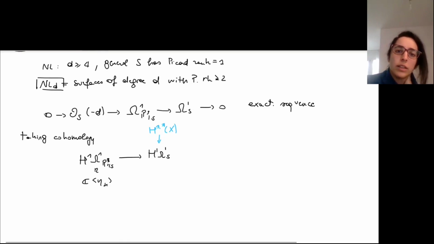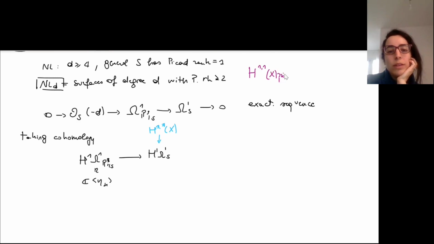And here I just write down what I said before. H^{1,1} of X primitive is isomorphic to the quotient, where the degree fits to our 2d minus 4. In this case it is 2d minus 4.